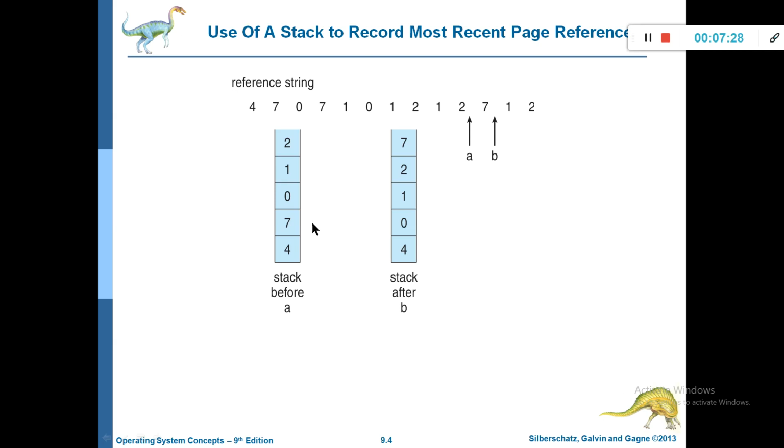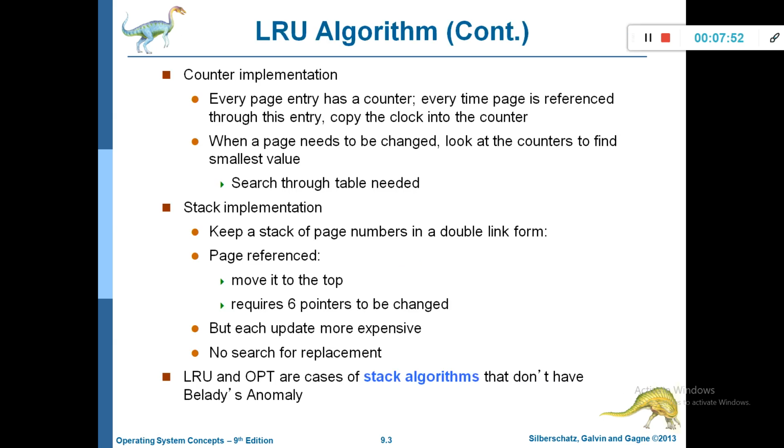We need to search for that page and add it on top of the stack. The pages at the bottom of the stack are not used for the longest time. So if a different reference string considers 8, which page are you going to replace here? The page at the bottom of the stack will be replaced, which is 4. So this is the implementation of LRU using the stack.